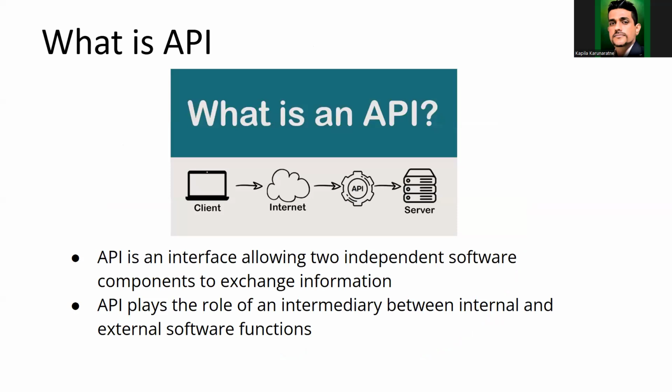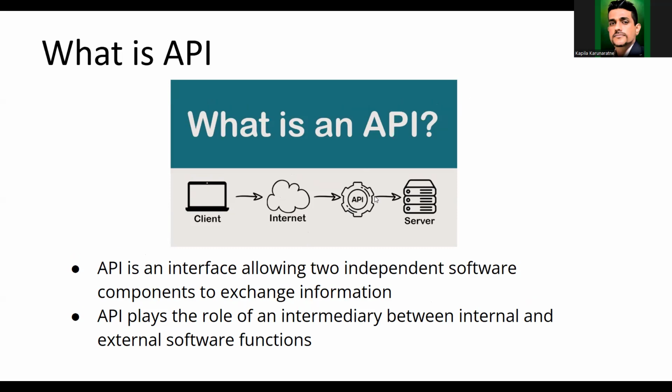This will graphically explain what an interface is. API is an interface again. API is one of the interfaces, and it communicates between independent software components. Here you can see the API being used to connect server and client.